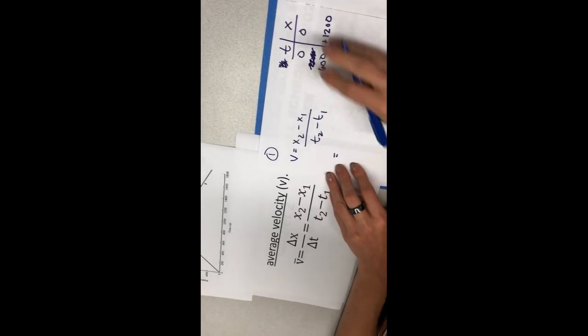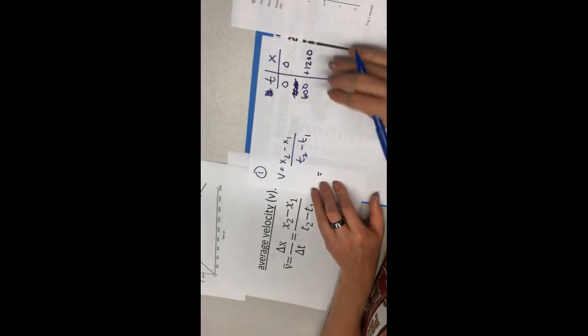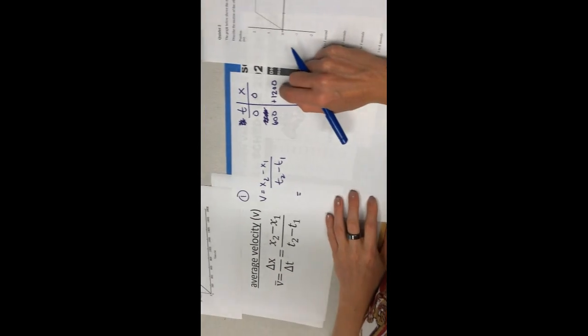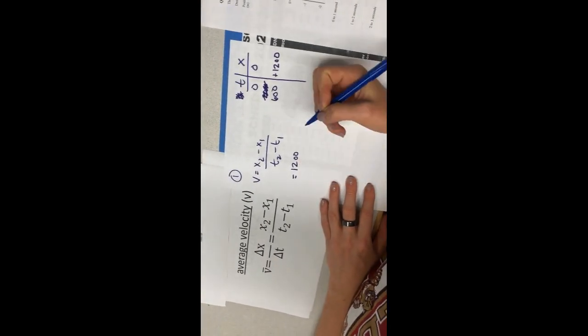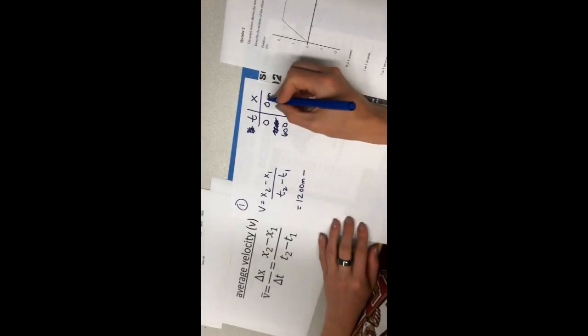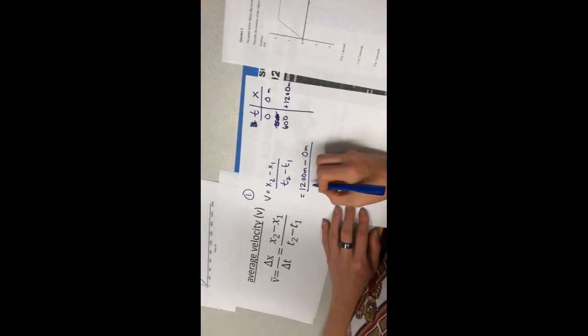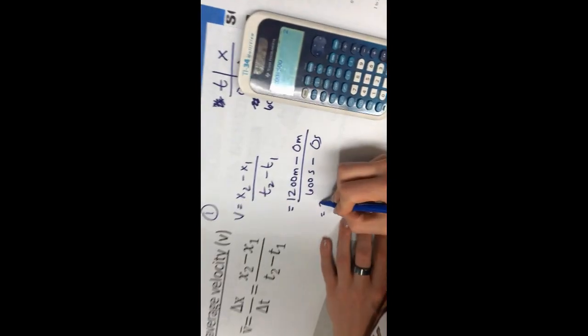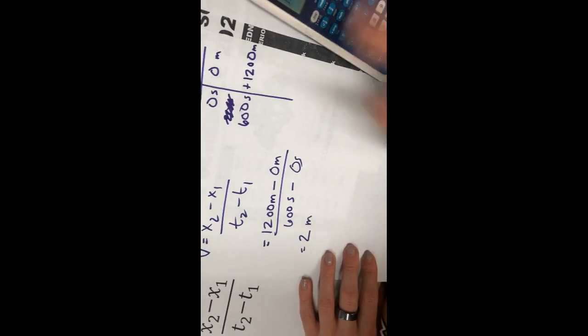So x2, my final, is going to be 1200 meters, minus my x1, which is 0 meters, divided by t2, 600 seconds, minus 0 seconds. 1200 divided by 600 equals 2 meters per second.